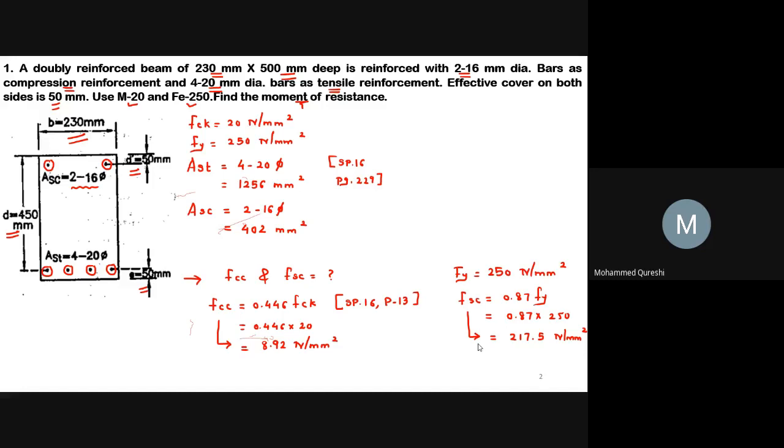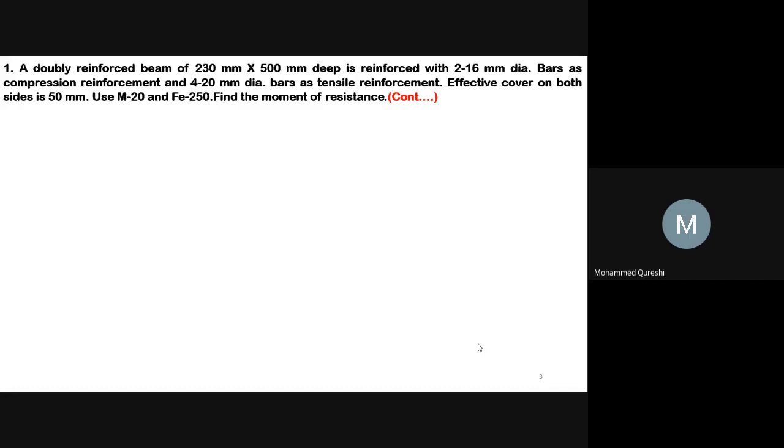Now, as we have to compute the moment of resistance Mu, we will first need the value of depth of neutral axis, that is xu.